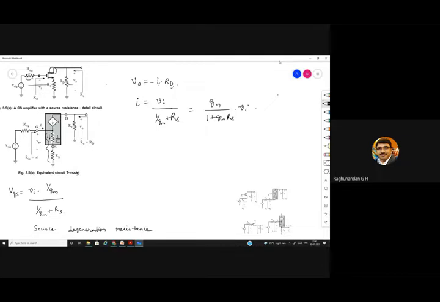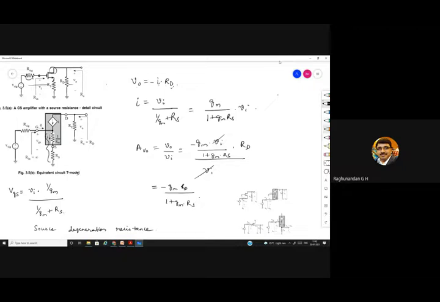This is the current. When you want to find AV naught, which is the open circuit voltage gain, V naught by Vi, just substitute for the V naught we have got. When you substitute that, Gm into Vi by 1 plus Gm into Rs, into RD, divided by Vi. Vi will get cancelled and we are left with minus Gm RD by 1 plus Gm into Rs.